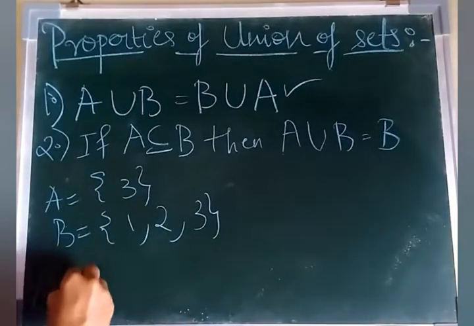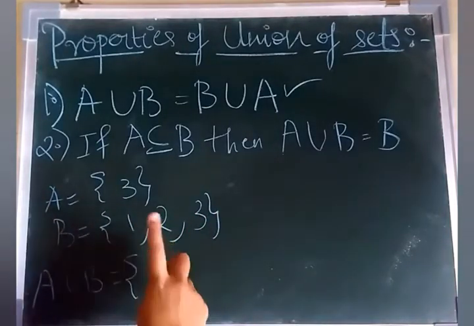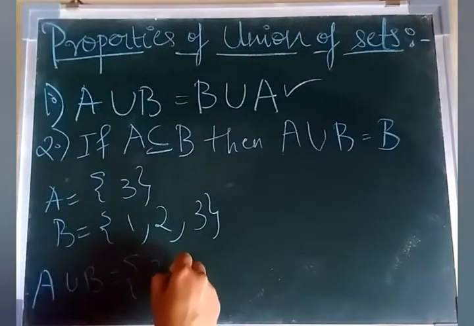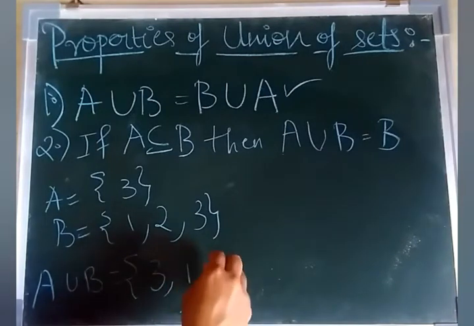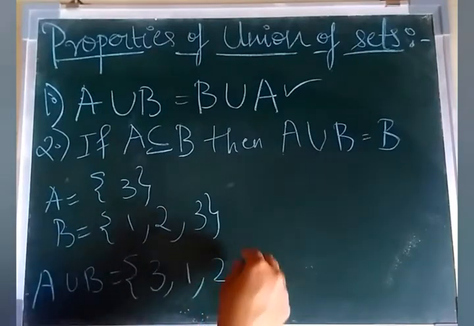So let's write A union B. In the union I have to write all the elements once. So I will write 3, 1, 2. Since I have already written 3, I don't need to repeat it.